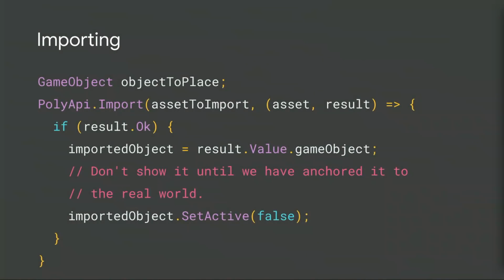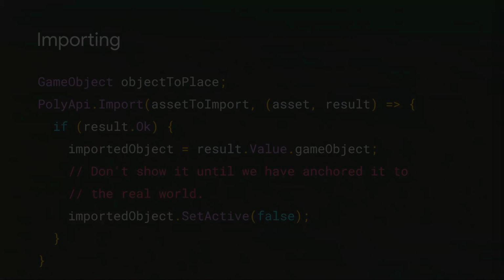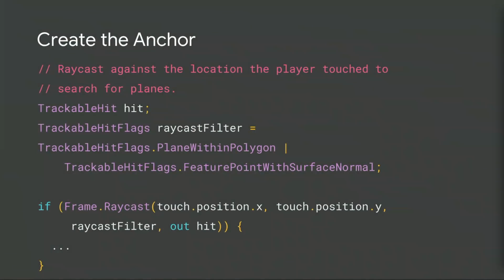So how do you accomplish this in code? Well, after you import an asset, you set the active member to false. This is going to make it so that the object is invisible before the user places it. And then presumably you're going to show some UI for the user. It's going to say, well, tap the screen somewhere to place this object. Once the user touches the screen to place the object, then you do a raycast to figure out where the user hit.